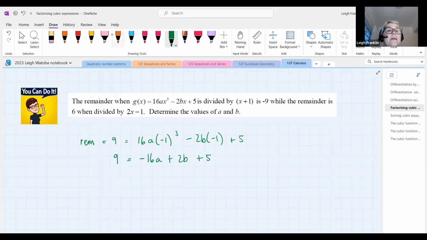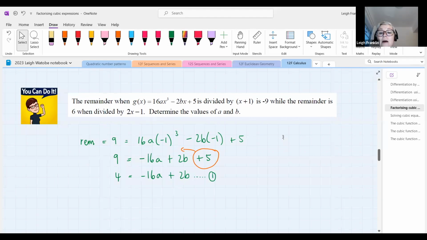Then I like to take my number terms over to the other side. In doing that, -9 minus 5 would give us -14 is equal to negative 16a plus 2b. And then I always leave my equation just like that. We can decide what we're going to do once we've got our other equation.